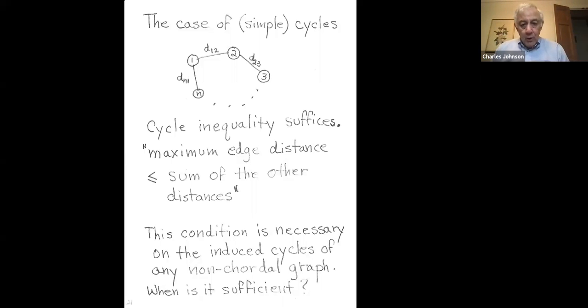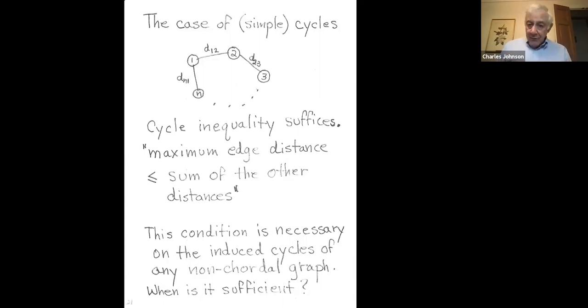Now, before I indicated that you start with a graph and you ask, what are the finitely many conditions for partial matrices on that graph that ensure that there's a distance matrix completion? Now I'm looking at this a little bit differently. I'm saying, okay, here are some conditions, namely being a partial Euclidean distance matrix and meeting the cycle conditions.